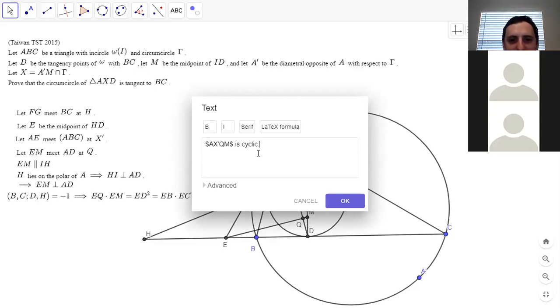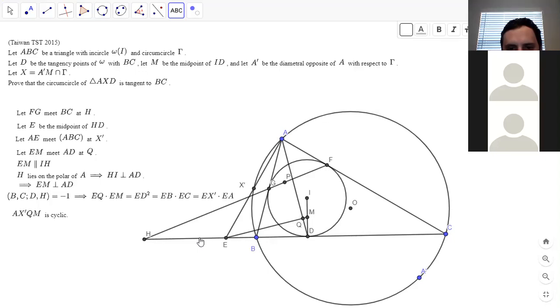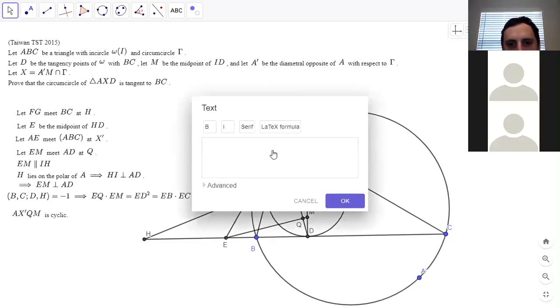The cyclic, and so that means angle AX prime M equals angle AQM equals 90. So that means that X prime, M, and A prime are collinear.